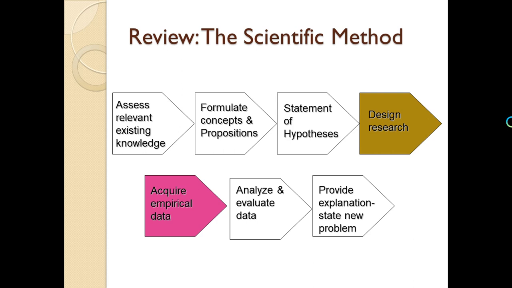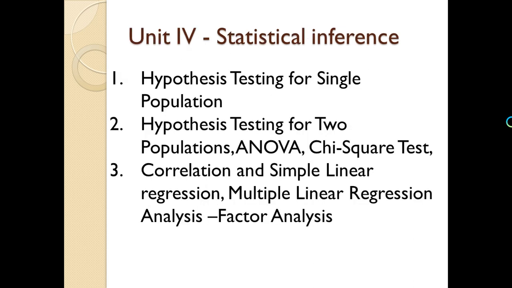So how are we going to do it? Let's have a review. The fourth unit is titled statistical inference. In this unit we will see how to test hypotheses for single populations, and how to test hypotheses for two populations, which includes analysis of variance and the chi-square test, whereas in the single population we'll have mean, median, mode, all that we will see once again.